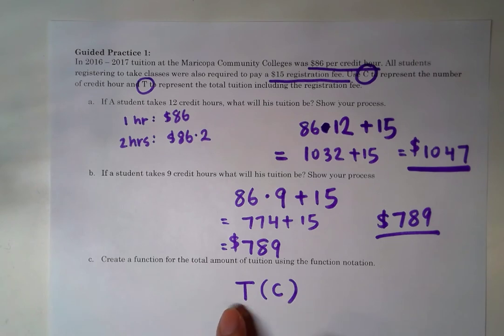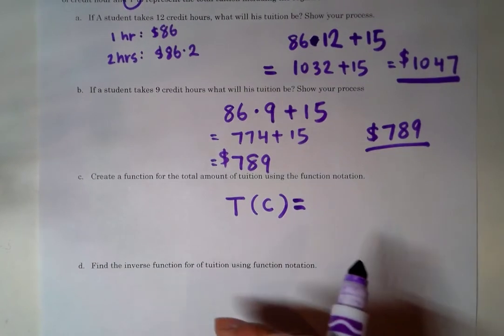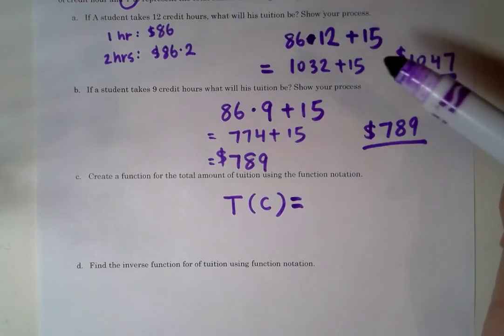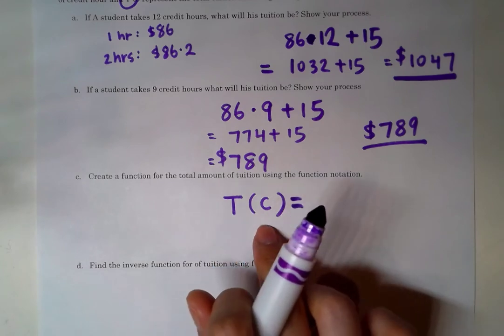That's the function. The tuition function depends on your credit hour. Or you can say Y and X, that's fine. But in this case, they gave you the variables, so you need to use them. So T of C.